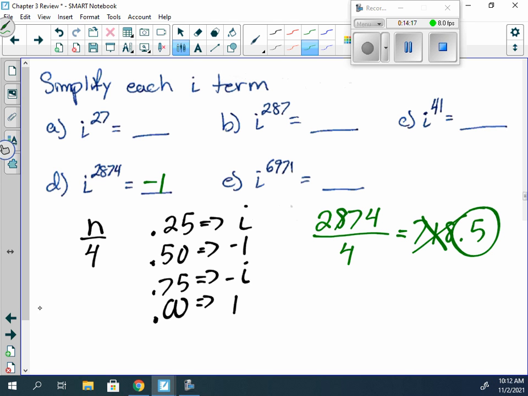We can look at C, because that is i. What's the first number before 41 that's divisible by 4? 40. It's 1 after it, yes? Well, 40 would be 0.00, yes? So 41's i. Because if we did divide it, it would be 10.25.